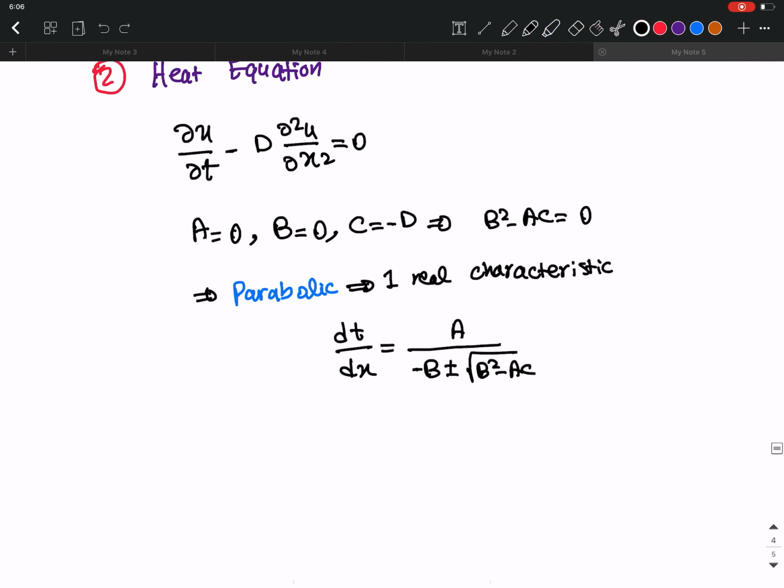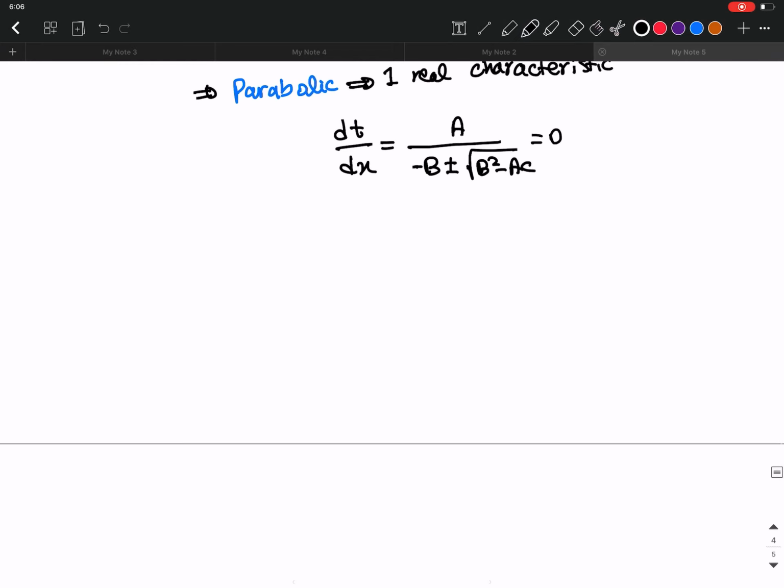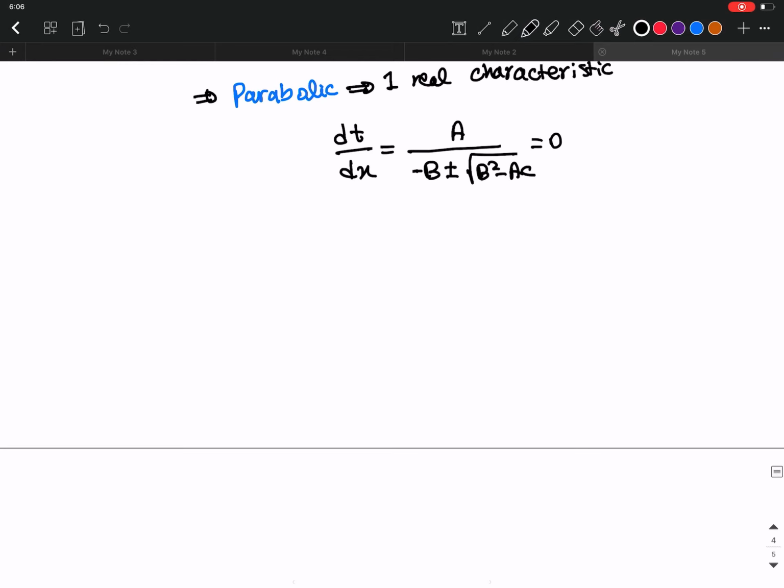So this is going to be 0 here, right? And I did this because dx over dt is going to be infinity. So dt over dx is going to be 0. So now let's see the characteristics in this equation, the domain of dependence and how they look.